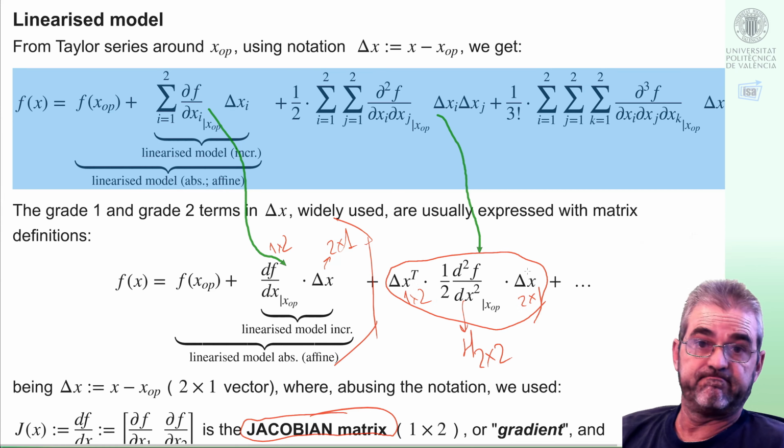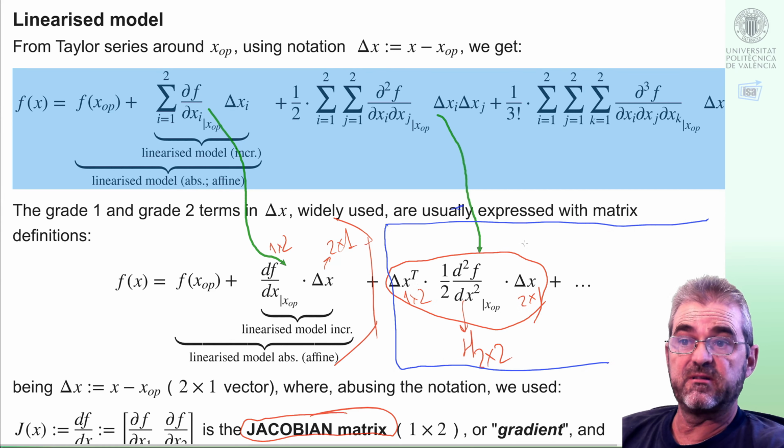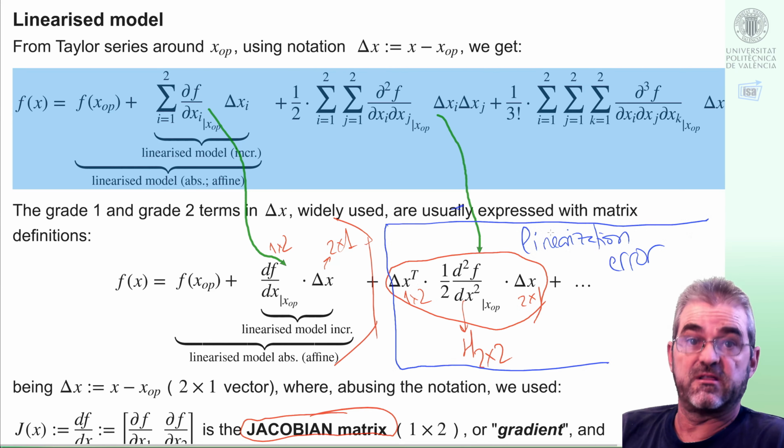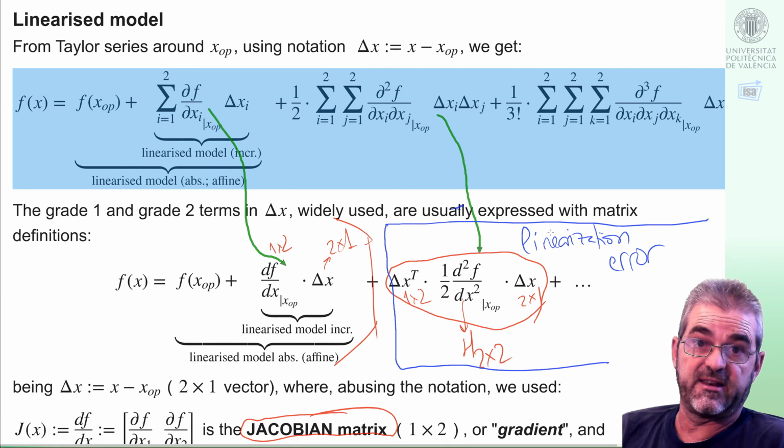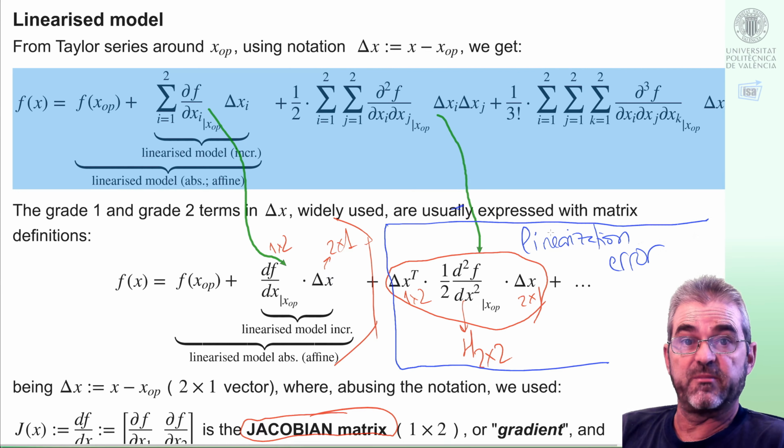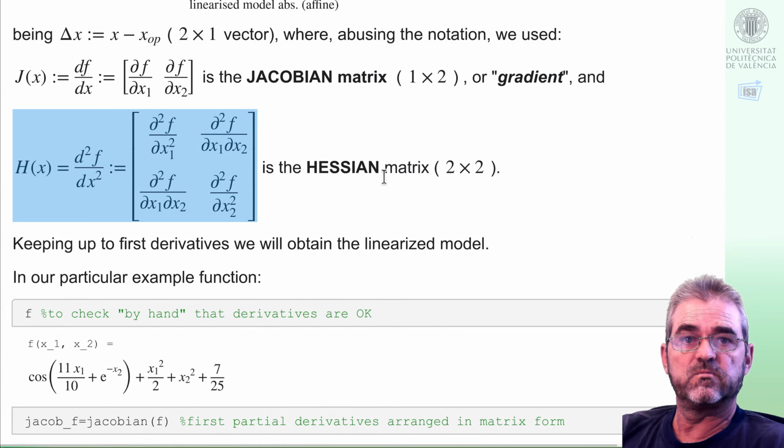Of course, all this here will be the linearization error, the difference between the actual function and the linearized approximation. And of course, if delta x is small, the linearization error will be somehow quadratic. The Hessian will play a key role.